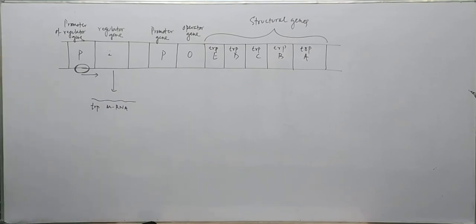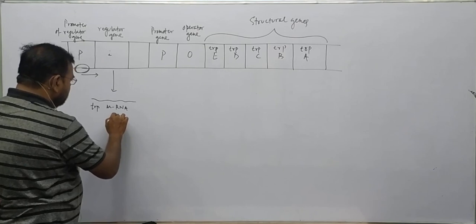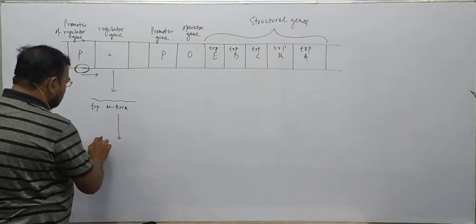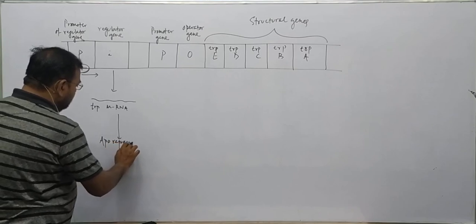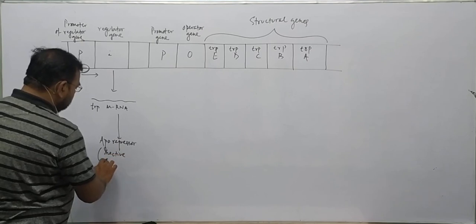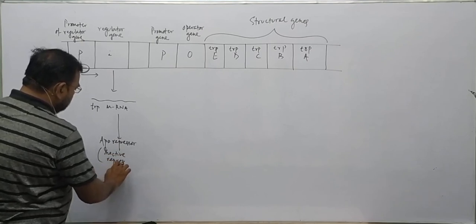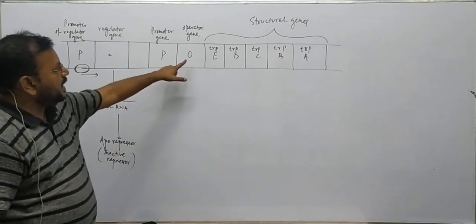From trp mRNA, a repressor is produced that is called aporepressor. So this one is the inactive repressor. So this aporepressor cannot bind to the operator gene.